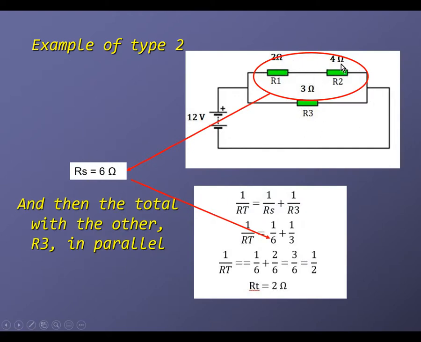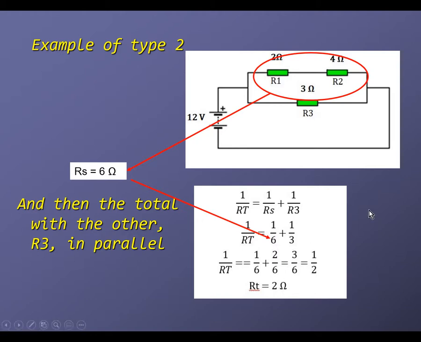We have this equivalent resistance that we already calculated was 6 ohms in parallel with this resistance number 3 down here. So we only have to replace the numbers. The series resistance, we know that is 6 ohms, the other is 3. So just by solving as usual, we get a final total resistance of 2 ohms. So all these three resistances are equivalent to a single resistance whose value is 2 ohms.